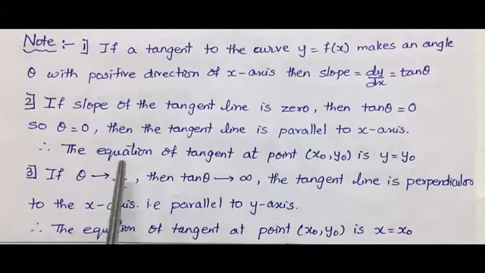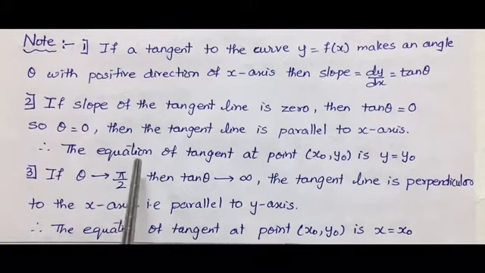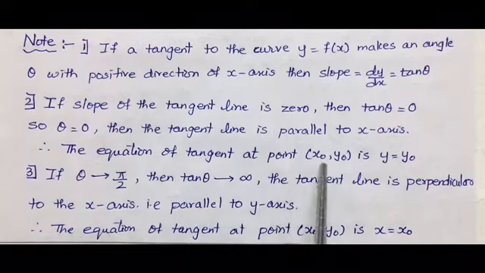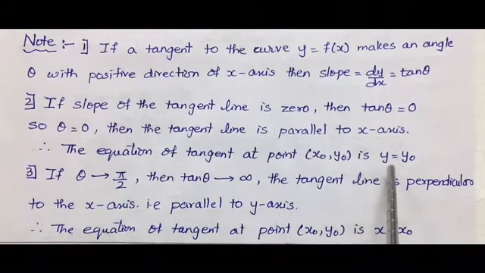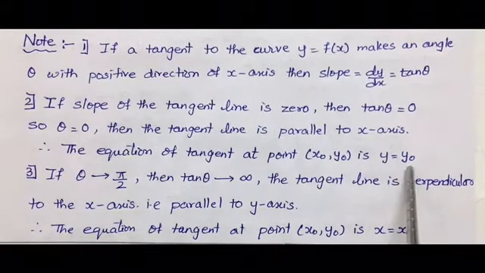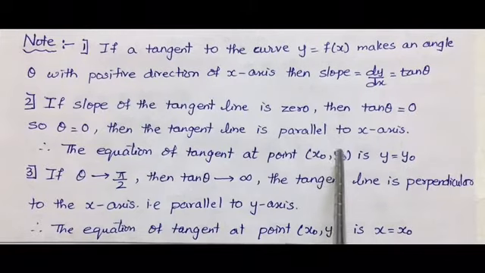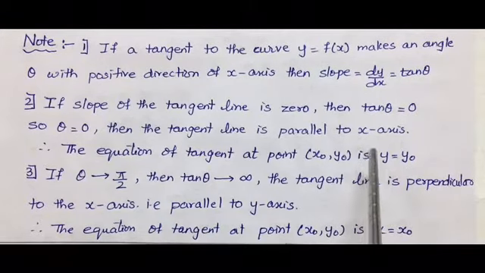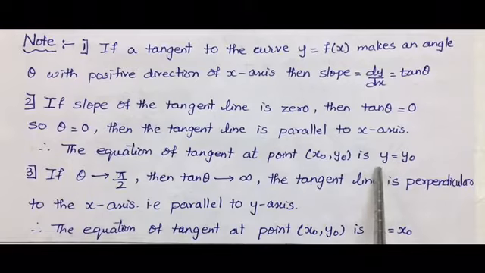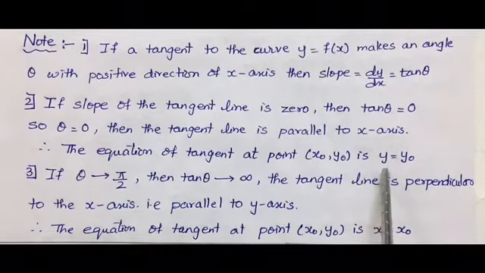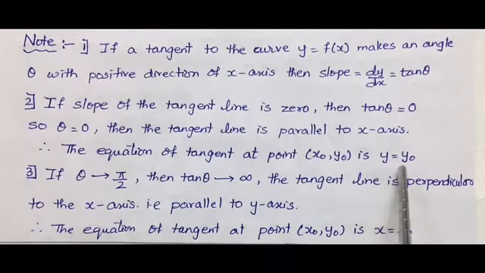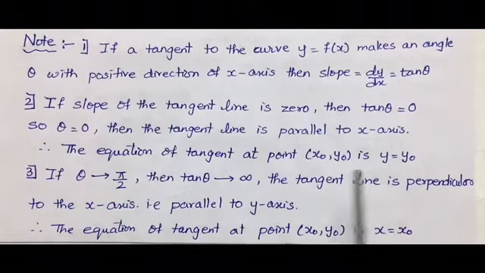If the line is horizontal, the slope of the line becomes 0. Therefore, the equation of the tangent at point (x0, y0) is y equal to y0. If the line is parallel to the x-axis, the line is perpendicular to the y-axis, so the equation of that line becomes y equal to y0.